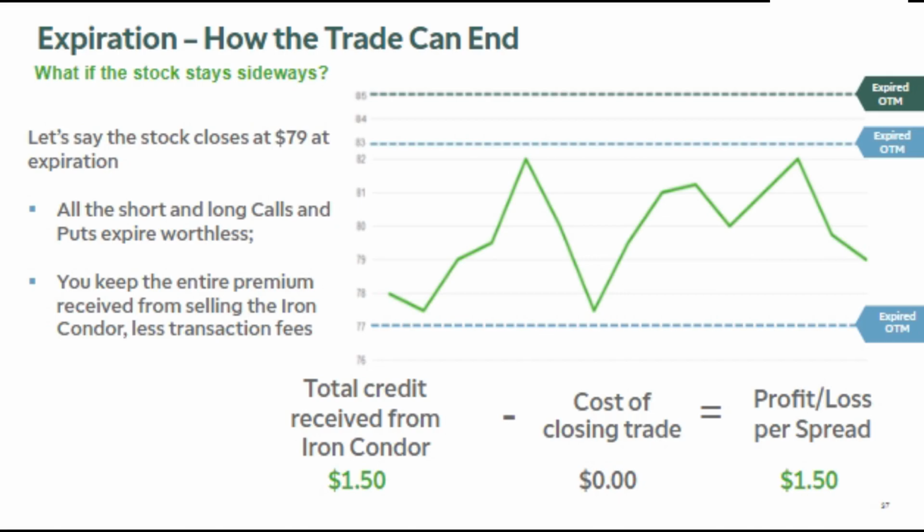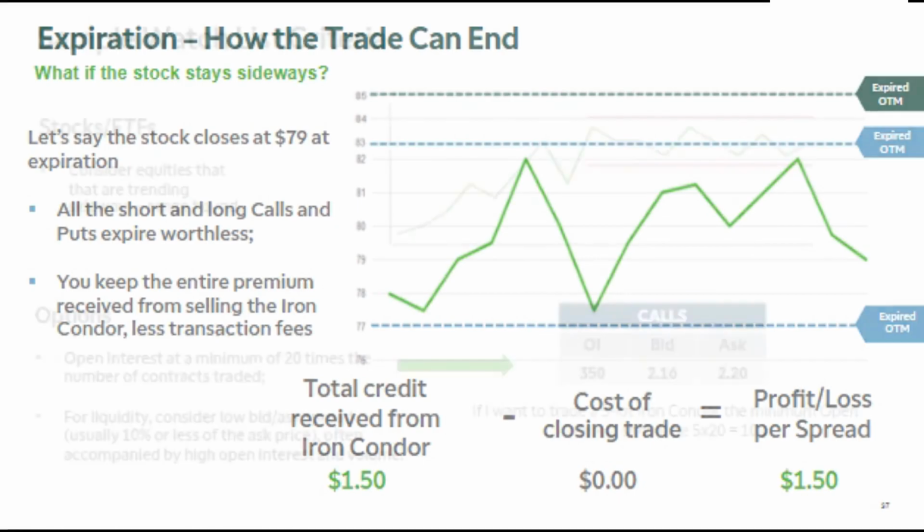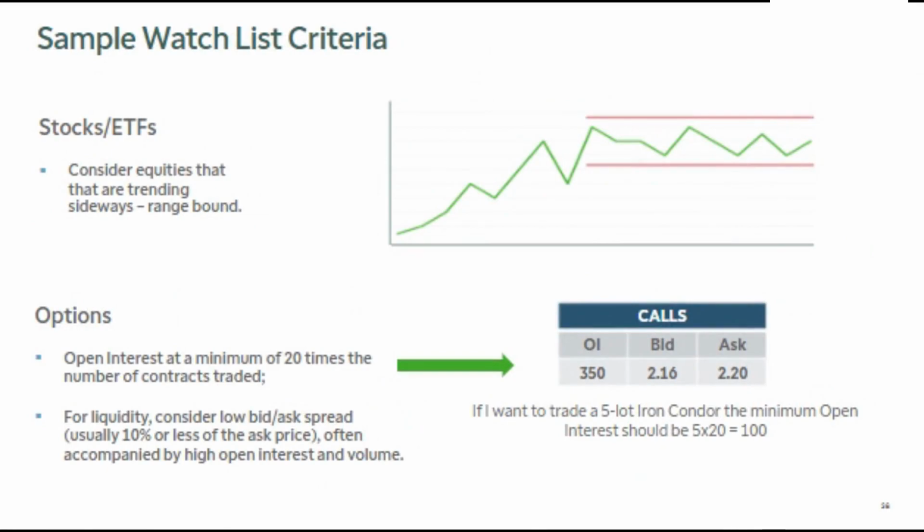Similar to our other options trades, we're looking for stocks that are trending sideways. And also, here's kind of a newer criterion: open interest at a minimum of 20 times the number of contracts traded.